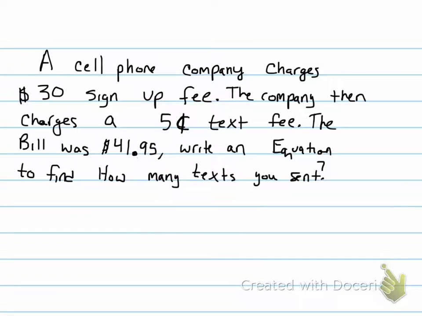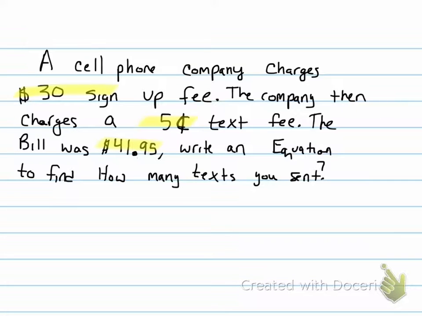So let's read this. A cell phone company charges a $30 sign-up fee, then charges a 5-cent text fee. The bill was $41.95. Write an equation to find how many texts you sent. Alright, so I've highlighted here the three main parts that are going to be in our equation.